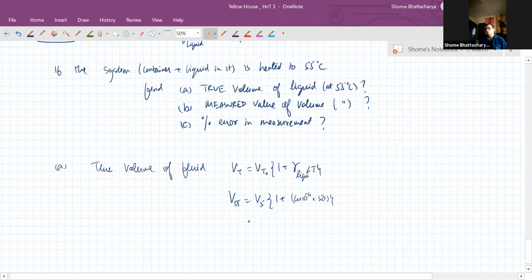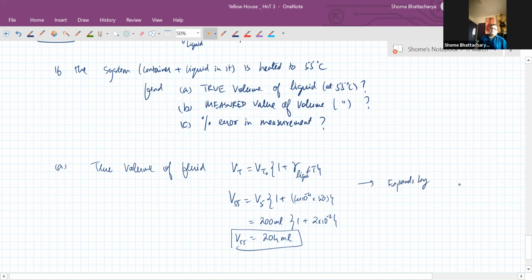Okay. So this actual volume was 200 milliliters, and this will become 2 into 10 raised power minus 2. So correct, that will become 204 milliliters. So the volume of the liquid expands by 2%, you can say.